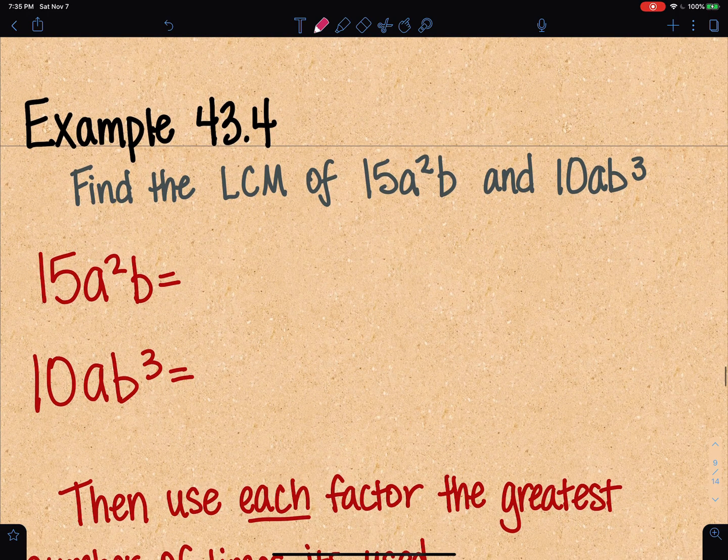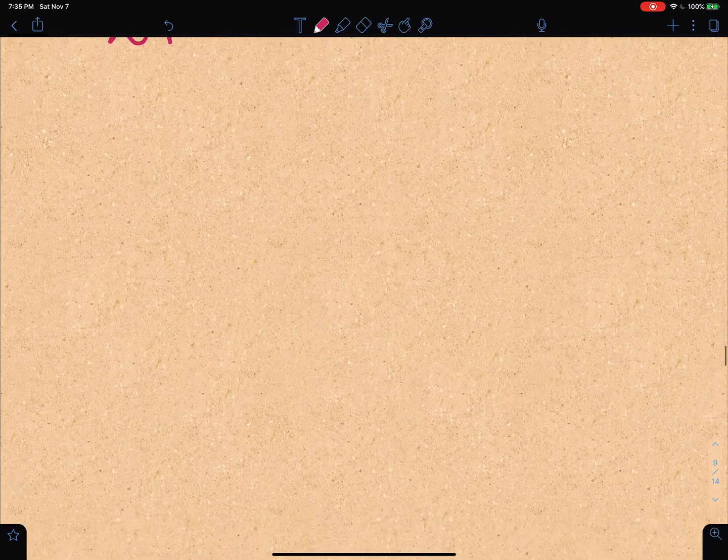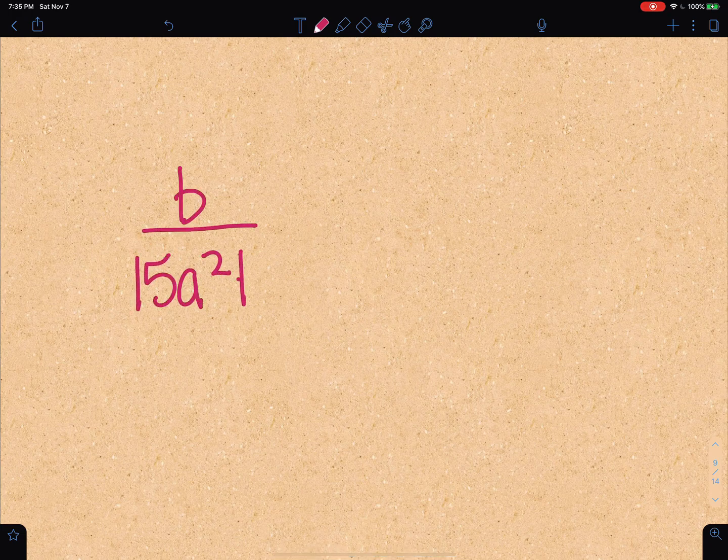But what is the least common multiple of this? If we were doing a problem like it, it gives this example. What about b over 15a squared b? So this is a fraction just like the one that we just did, plus c over 10ab cubed.